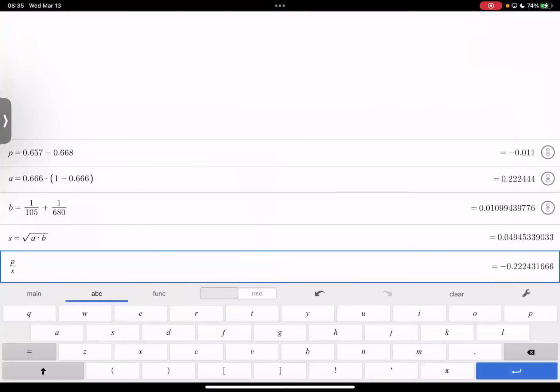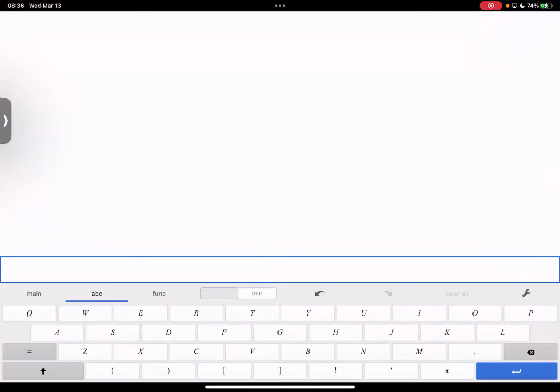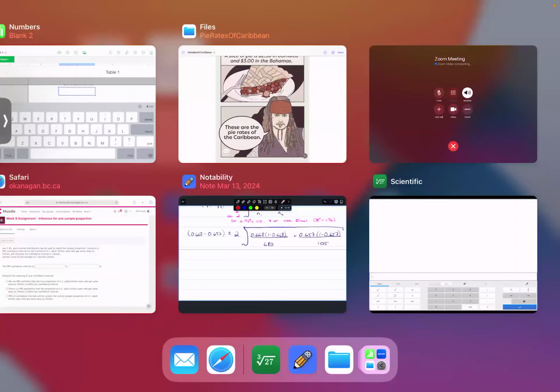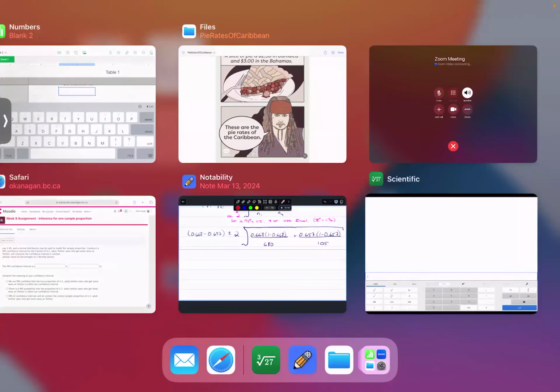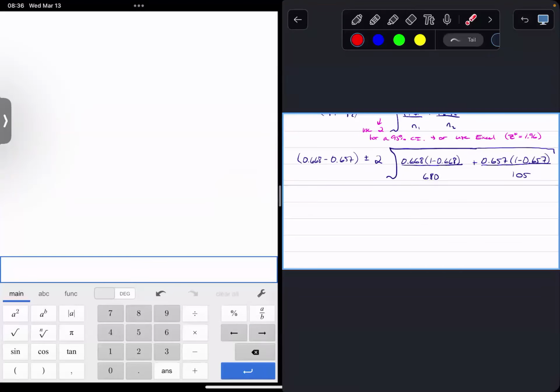Okay, but I was going for a calculator. Okay, clear all. So I wanted, and let's see if I do this, it's still showing me. You can see both, sort of, kind of tiny.